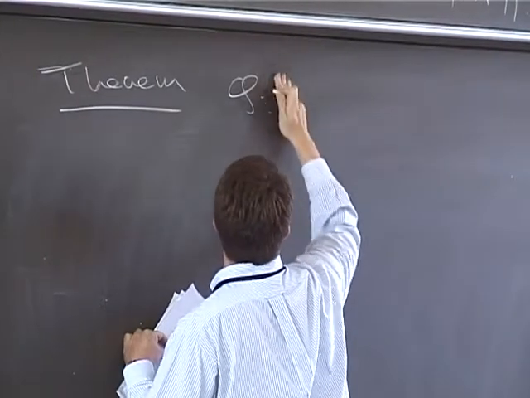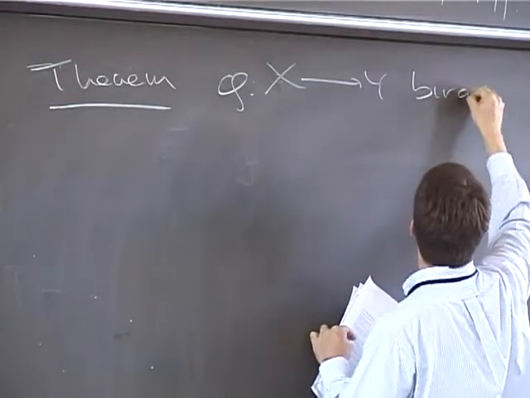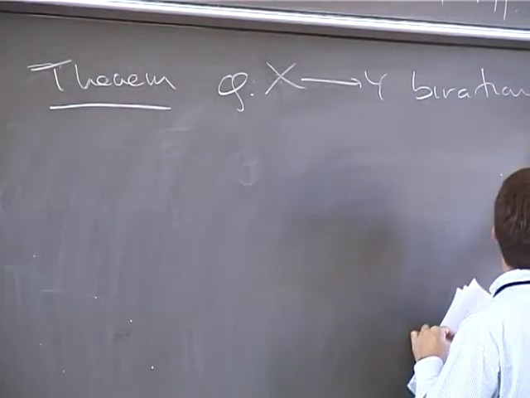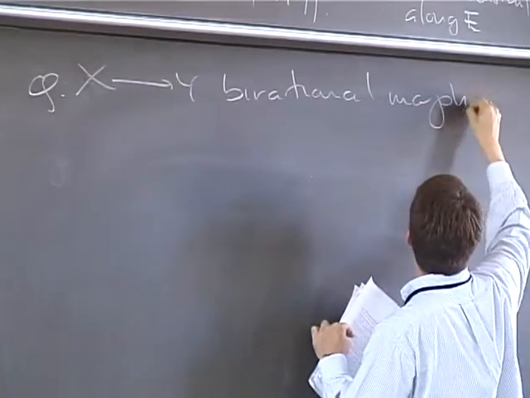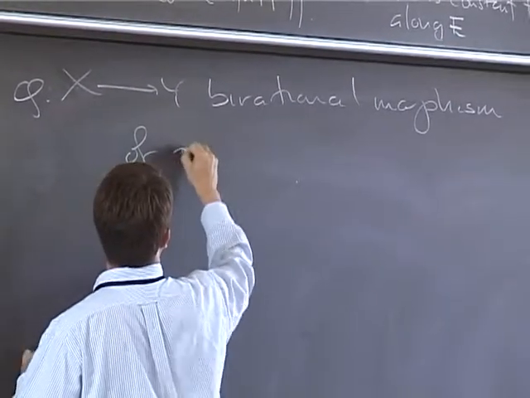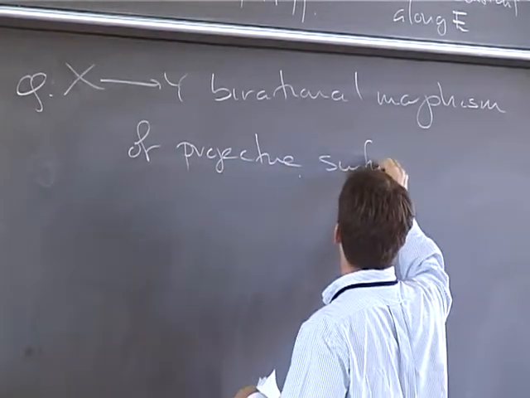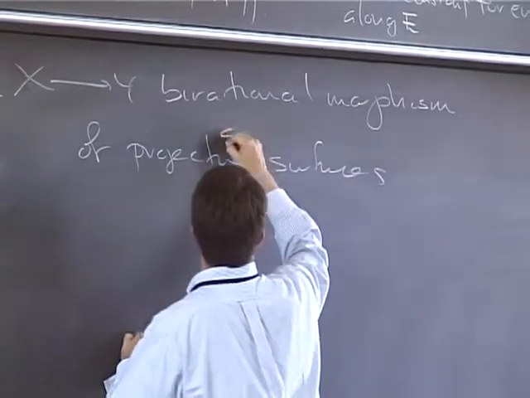Let's say we're given a birational morphism of projective surfaces. I guess I should say smooth.